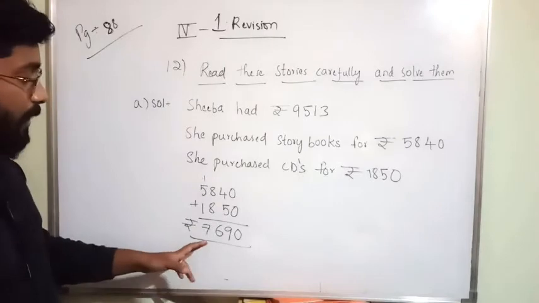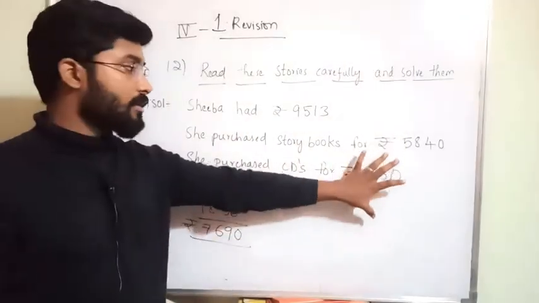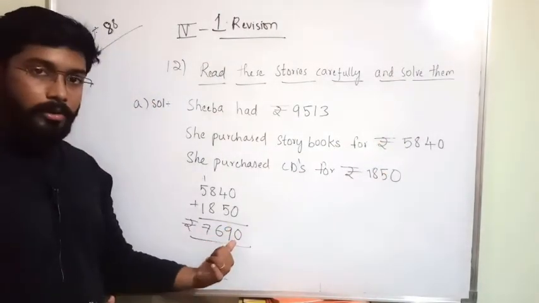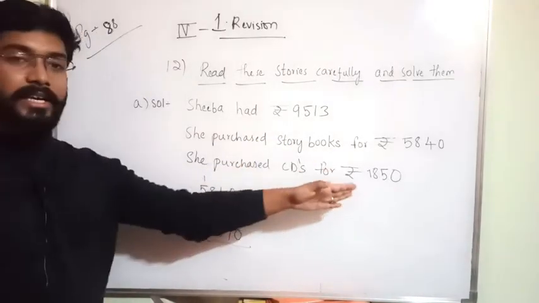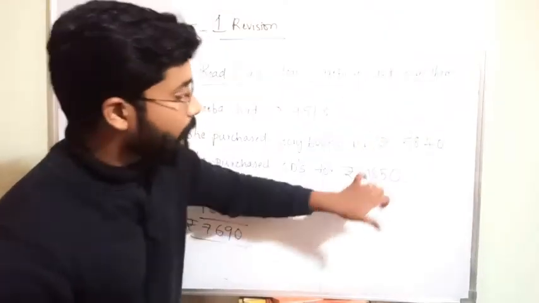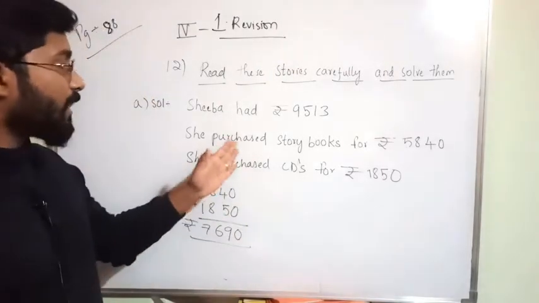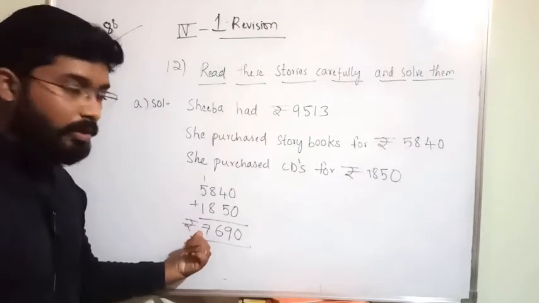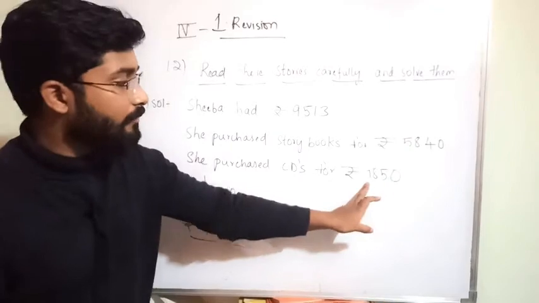So she purchased storybooks and CDs, and the total amount she has spent on books and CDs is equal to 7690. That's why we are adding 5840 plus 1850. Okay.